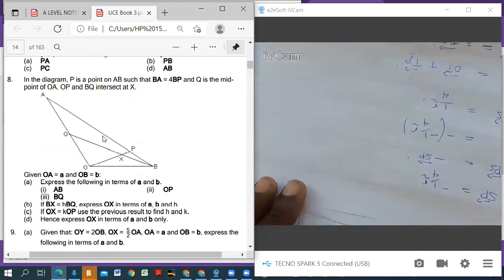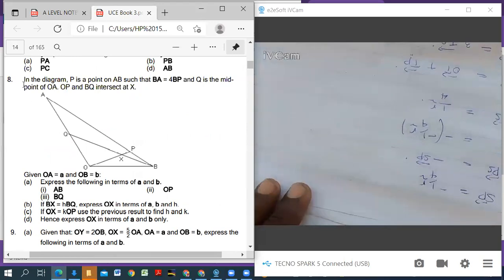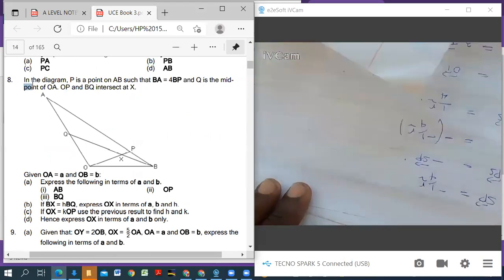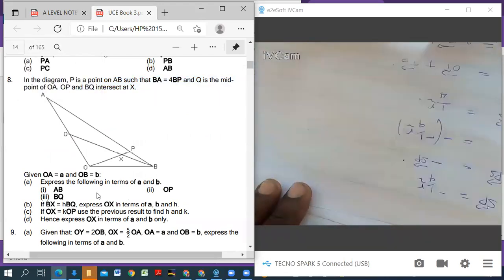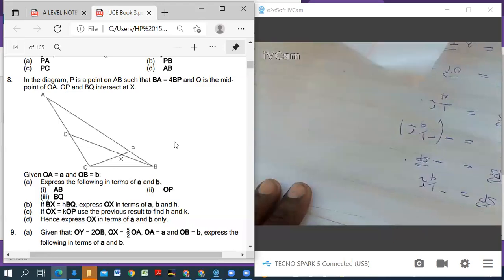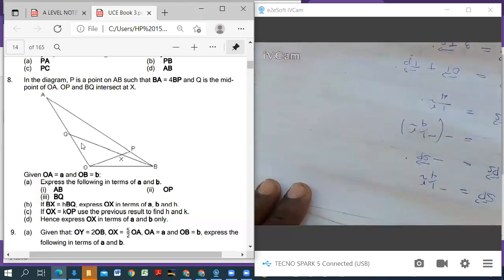Is it okay? You go to resources, download the book, and then you copy this question. When you get any challenge when you're doing the work, just take a snapshot and send me where you got stuck. I'll help you. Is it okay?